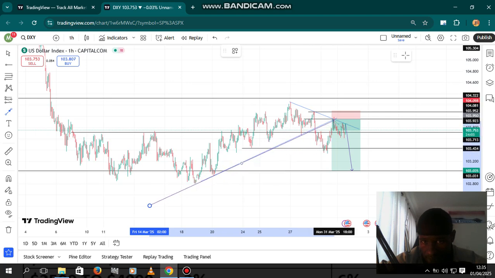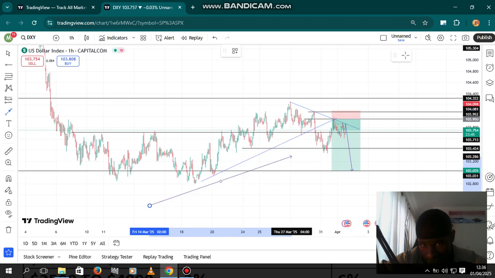So this is our retest, unless it breaks here to the upside. That's when our setup won't be valid, our trade won't be valid. Our stop loss is here.